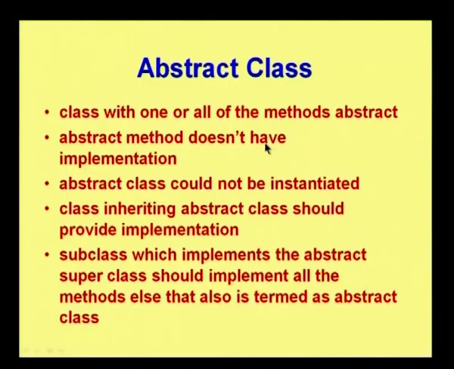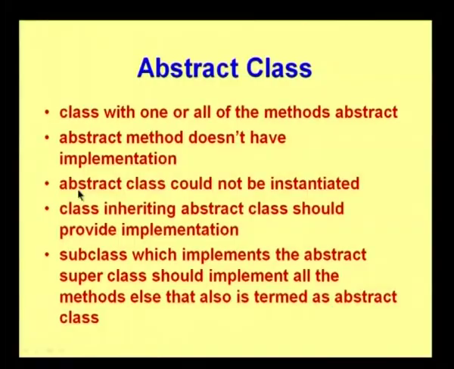Next, an abstract method does not have the implementation. It means an abstract method does not have any implementation part. I will have only the declaration part. I give the method and the parameters in that method, and I do not write any definition for it, I just leave it with the declaration part. An abstract class cannot be instantiated.